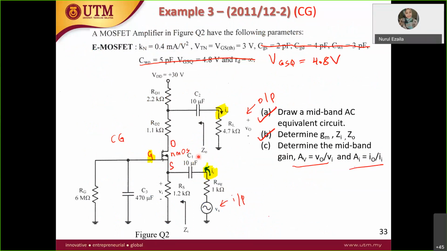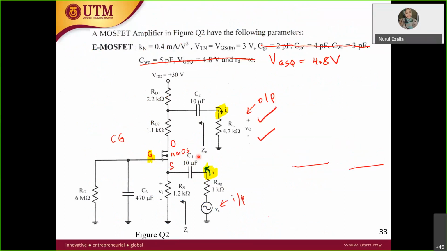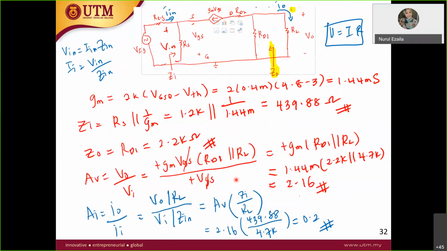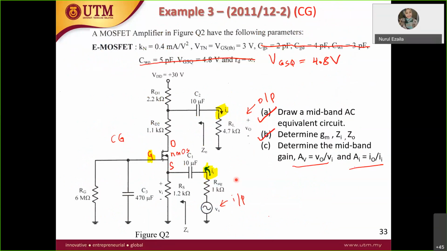But if you draw point to point, first draw the gm VGS and the hybrid pi model, and then go from point to point, you will get a very simple AC analysis circuit like this. That's how you do the AC equivalent circuit for the common gate.